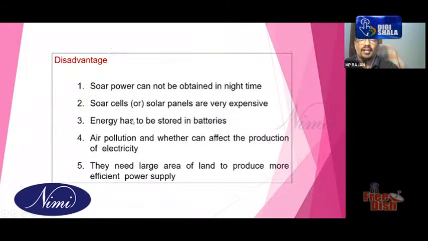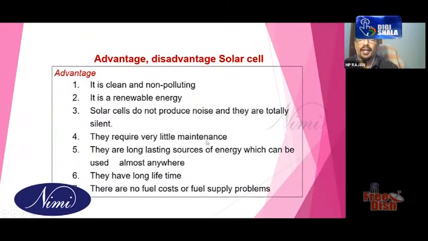Okay. And it requires very little maintenance. A solar cell, once it is made, once it is connected, you only need cleaning. There should be no bird droppings, no dust, and no other maintenance. If you are using a diesel generating system, frequent maintenance is required. And they are long-lasting sources of energy which can be used almost anywhere.